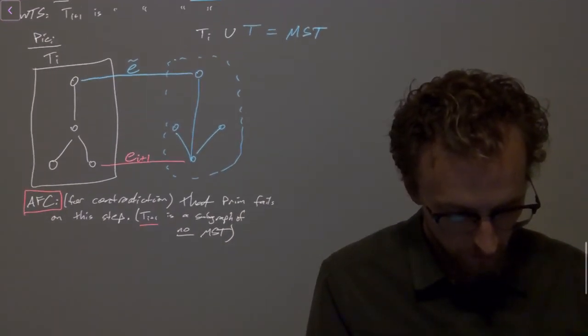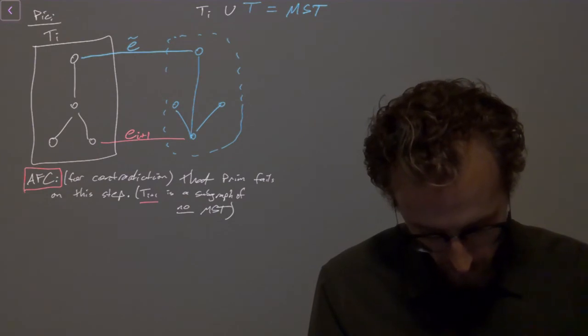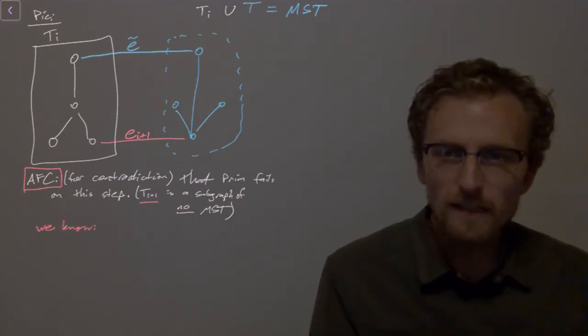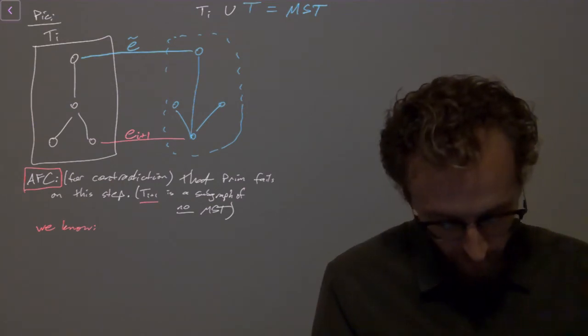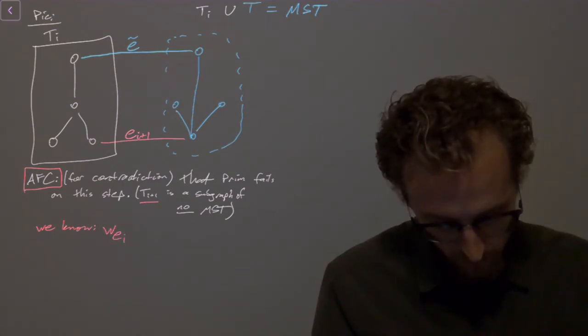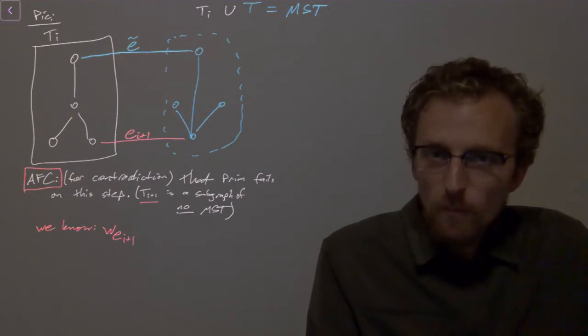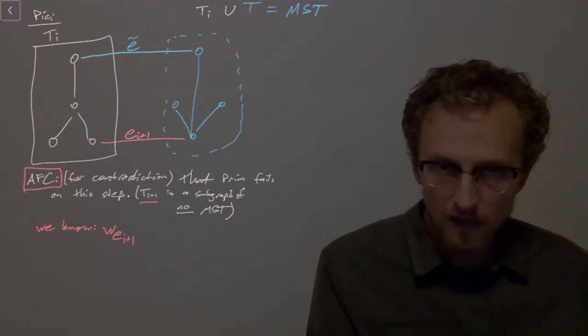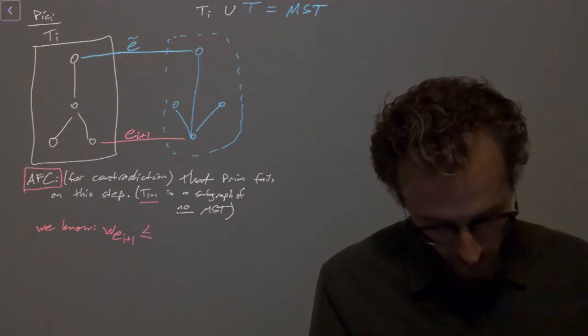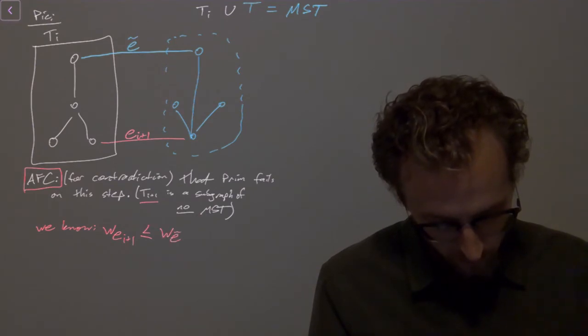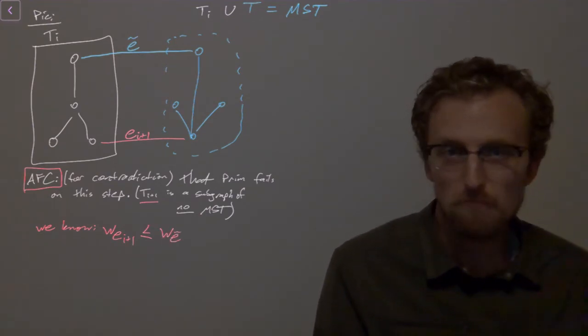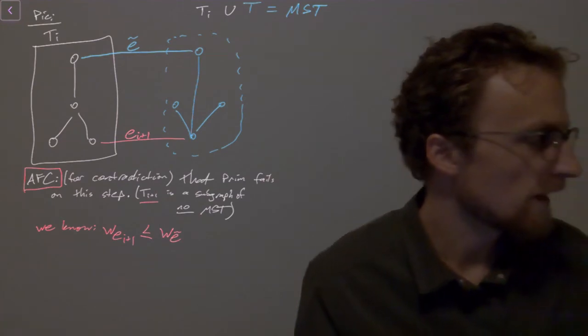I'll try to keep this on the slide as much as possible here. So we know that the weight of E i plus 1, the weight of the edge that Prim added, is less than the weight of E wiggle. Right? That's just a fact.